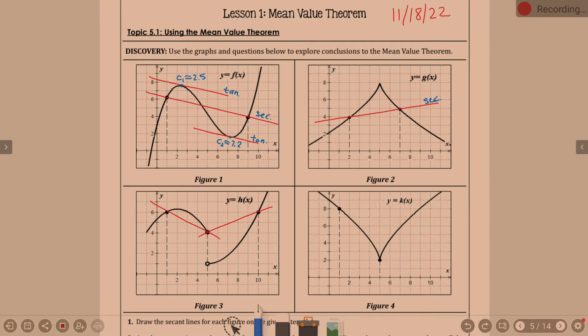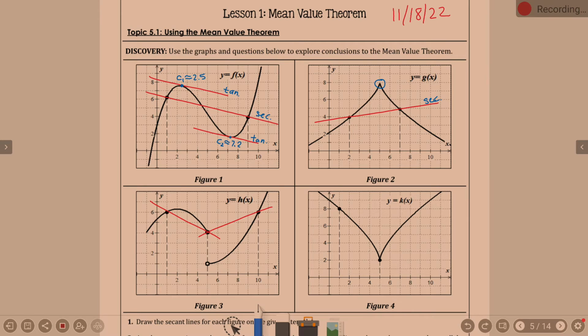Ready for figure 2? Figure 2. Thoughts? The only place we could maybe consider it would be up here, but that is a cusp, a sharp point, and we can't draw the tangent in that situation.